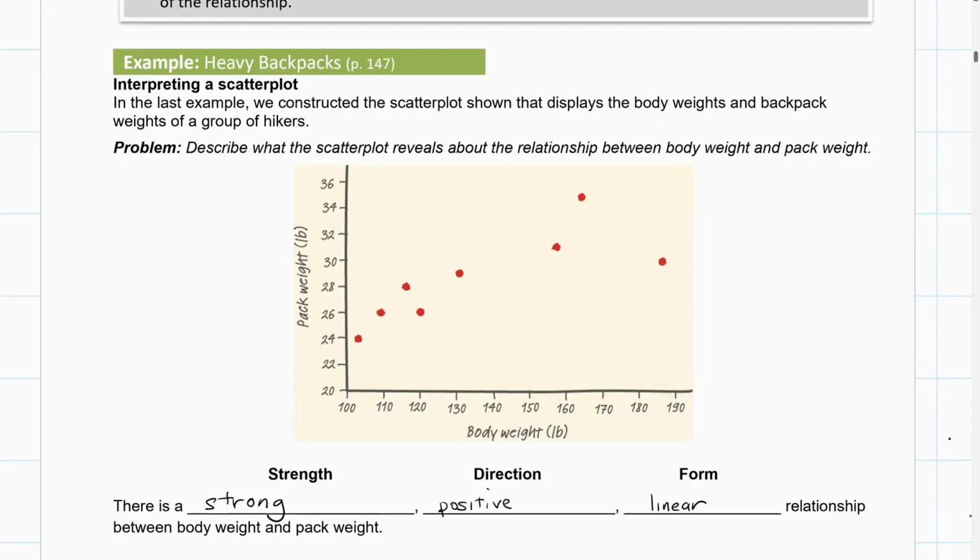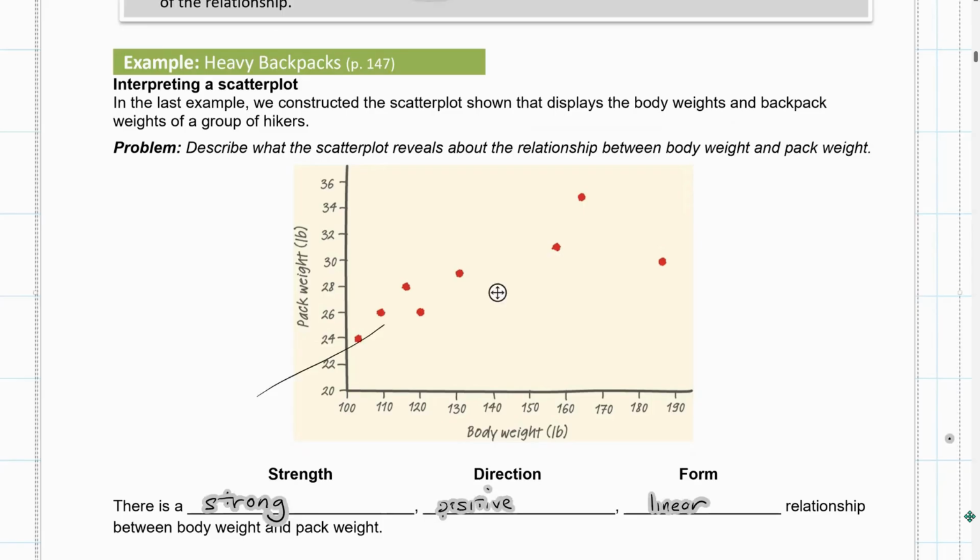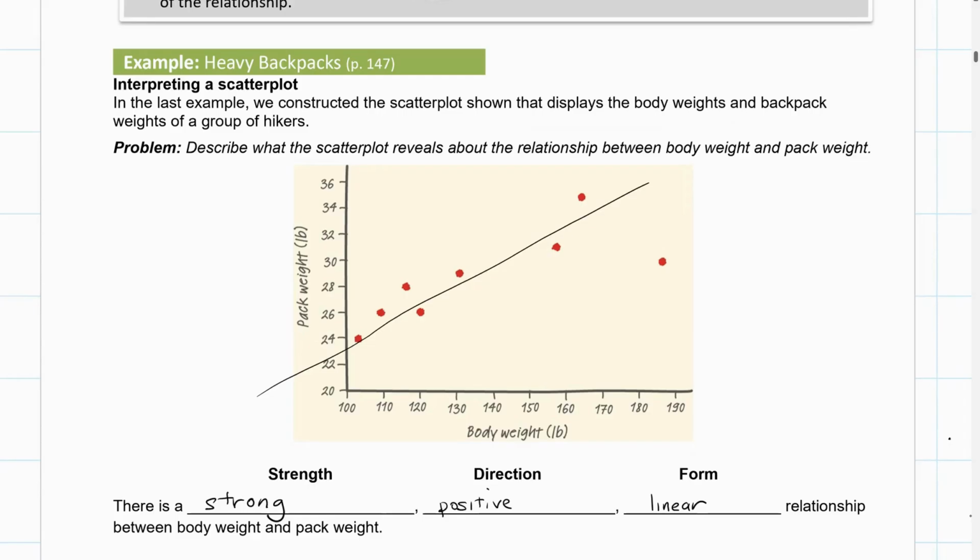Now you're saying that doesn't look like a line. Well, again, if we look at the general form, most of these points are pretty close to being in a line. This guy doesn't fit that pattern. I would say that the backpacker who had the 187 pound body weight with the 30-pound backpack is an outlier. It does not fit the general trend.